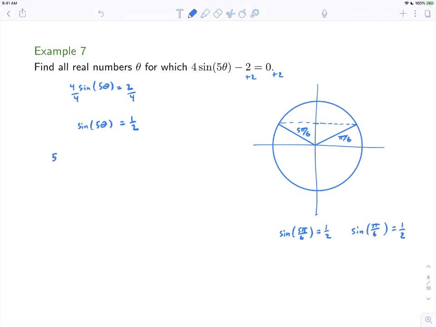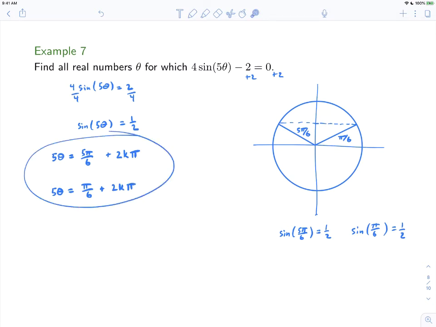So 5 theta equals 5 pi over 6 plus 2k pi, or 5 theta equals pi over 6 plus 2k pi.